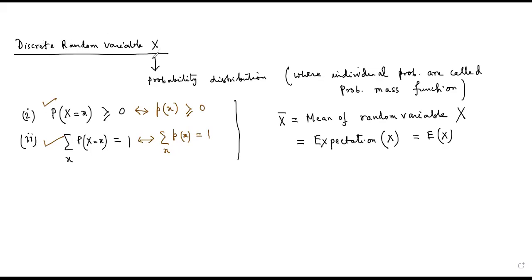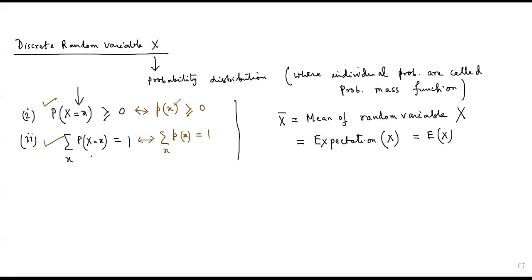Okay, so what I was telling is that in the previous session I discussed the discrete random variable, which has a probability distribution, and in the probability distribution the individual probabilities are probability mass functions. We denoted the probability mass functions by this symbol, p of x equal to small x, and these probabilities are greater than or equal to 0, and the total probability is 1.